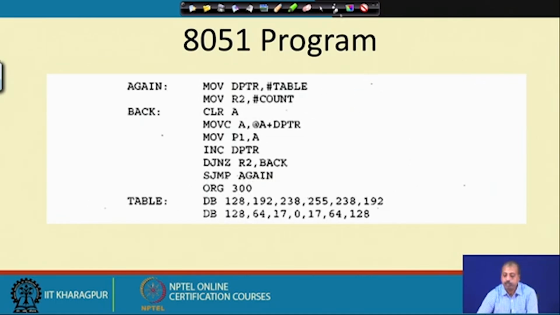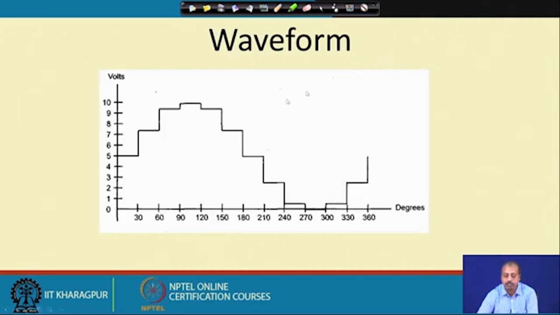If you look into the typical waveform that you get after doing all these things, it will be something like this. I don't know whether it looks like a sine wave or not, but it is more or less so, because for 0 you have got this as the output, for 30 degrees you have got this, at 60 degrees you have got this.